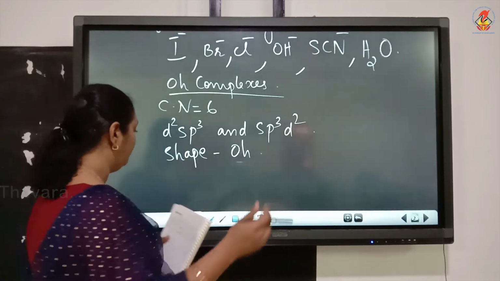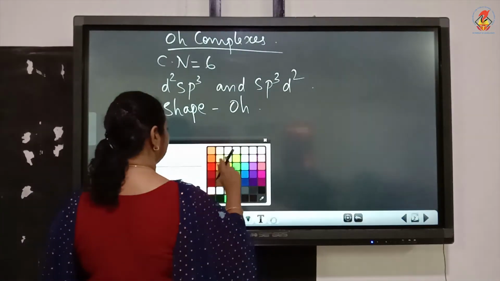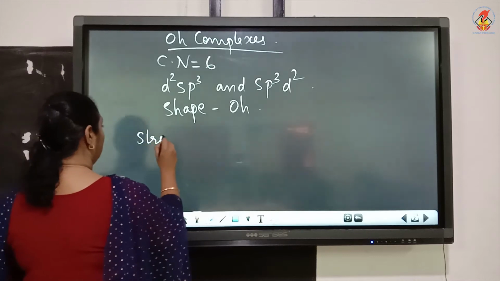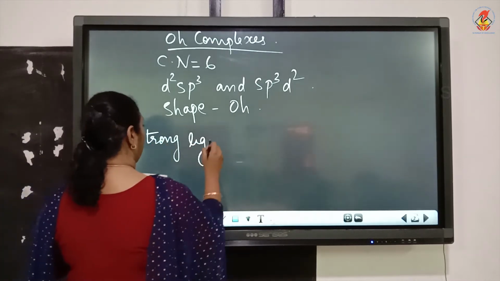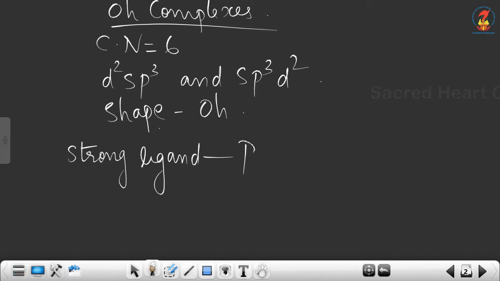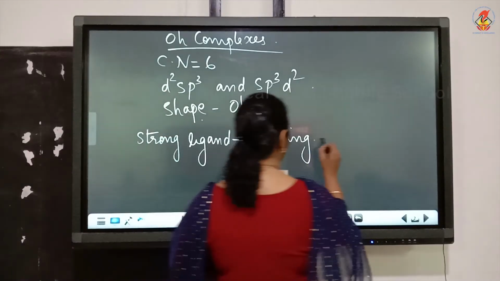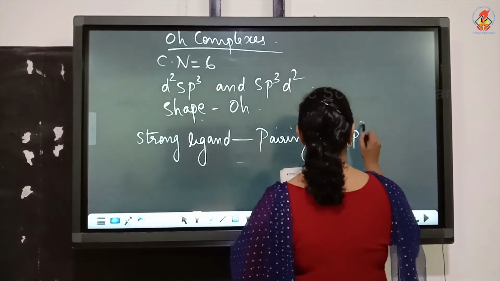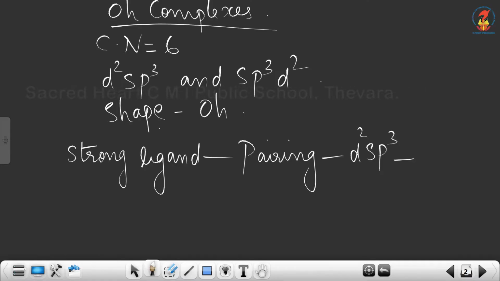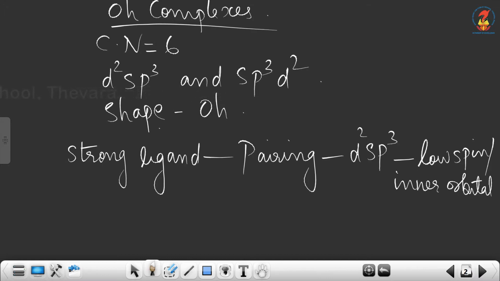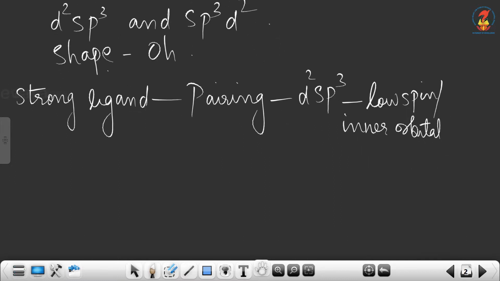If it's a strong ligand, then pairing of electrons takes place. In that case, the hybridization is d2sp3 and the complex formed is low spin or inner orbital complex. So study this, very important.